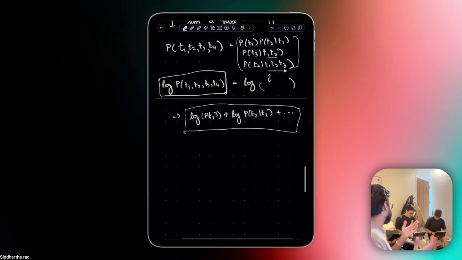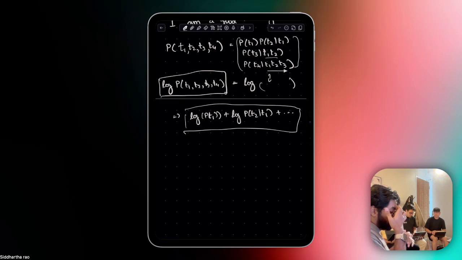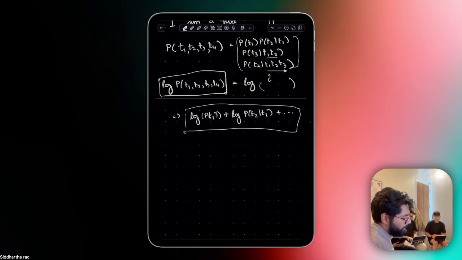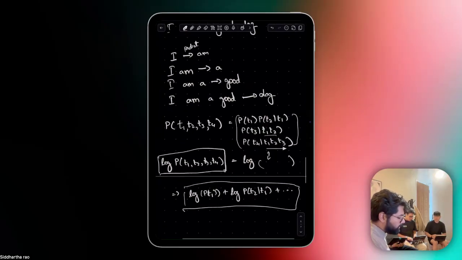And that's how transformers are trained too. This series of log probabilities is phrased as a cross entropy task, and then we do a backward pass, backpropagating that loss throughout the mathematical model.